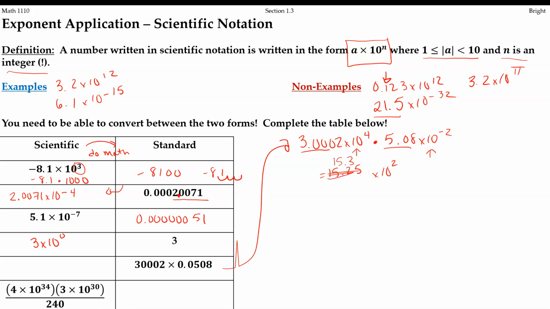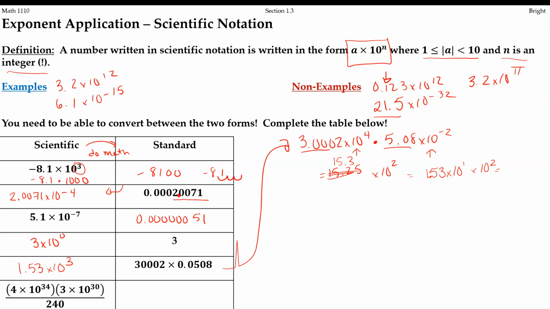But now, is this in scientific notation? No, so I need to convert it. 15.3 on its own is going to be 1.53 times 10 to the first, and then there's still this times 10 to the second hanging out at the end, so at the end of the day I get 1.53 times 10 to the third power.